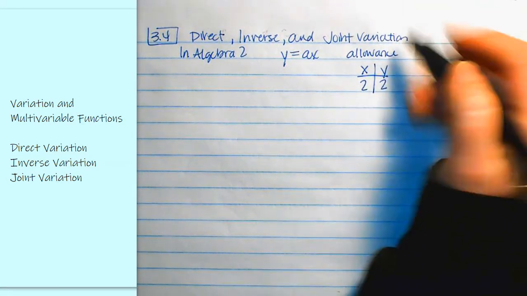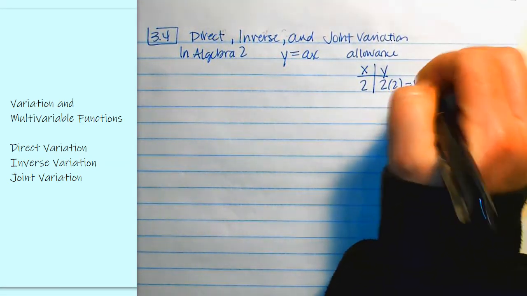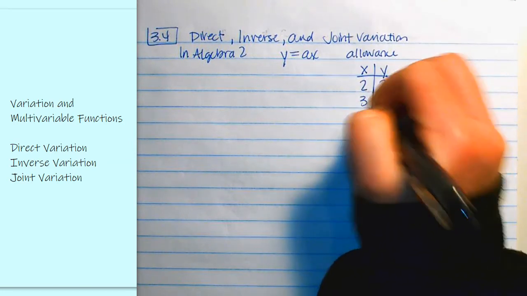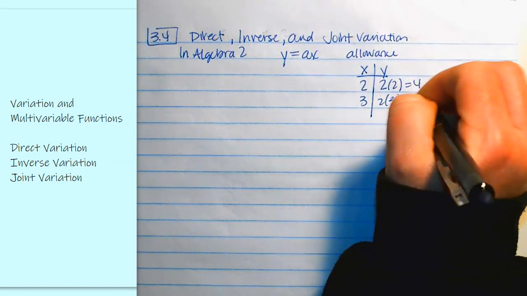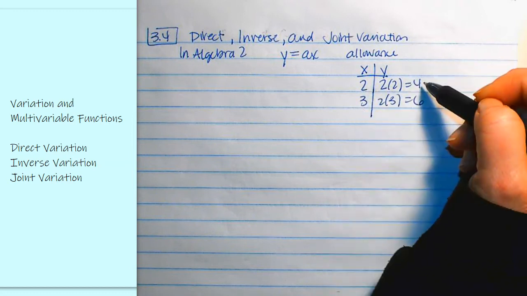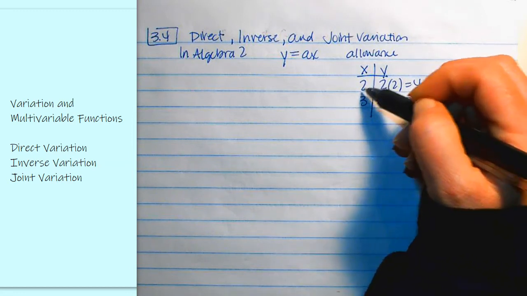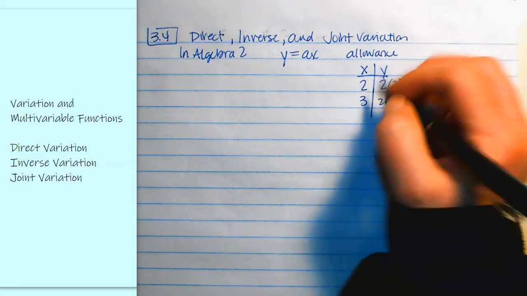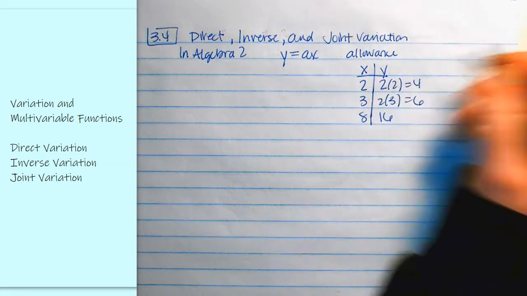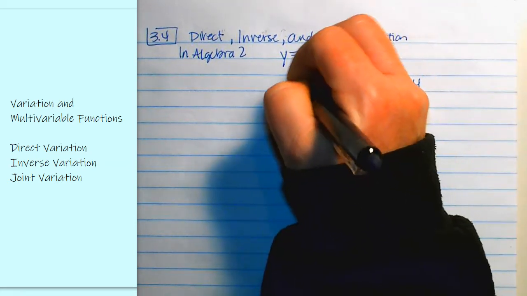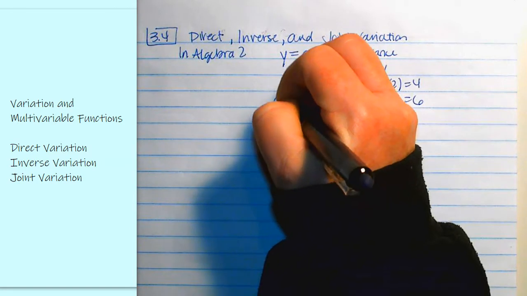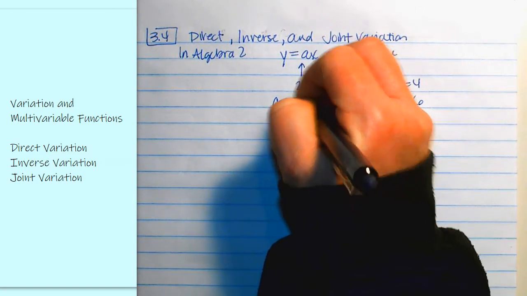They make 2 times 2, which is 4. If you make $3, they make 2 times 3, they make 6. If you make 8, they make 16. That means that this 2 here is called the constant of variation.